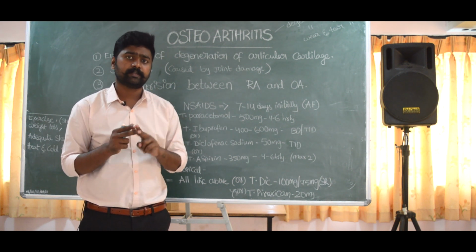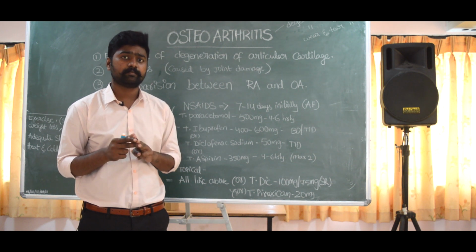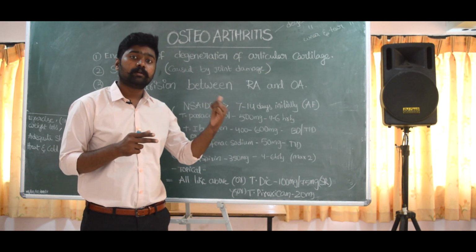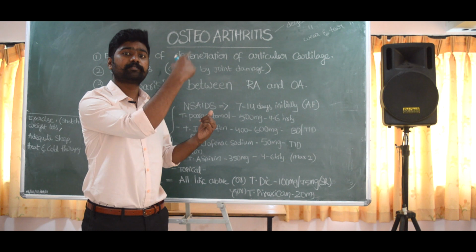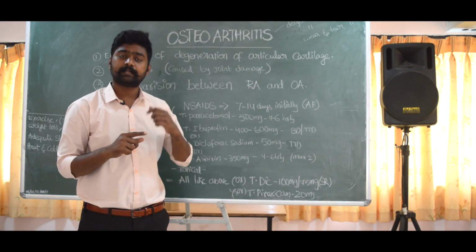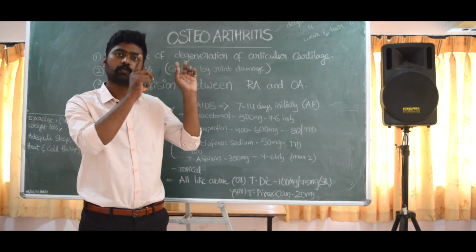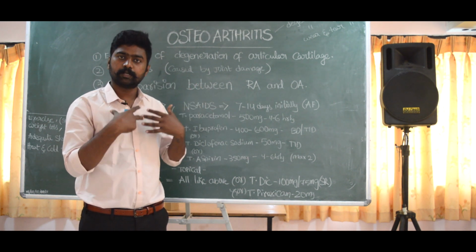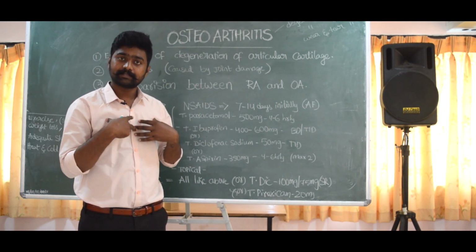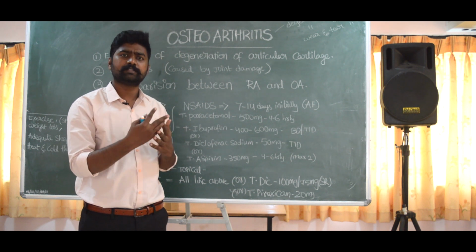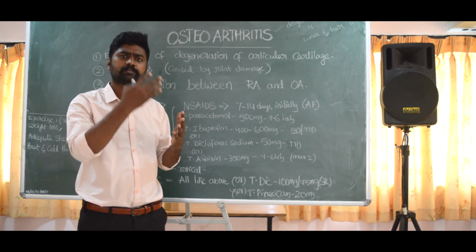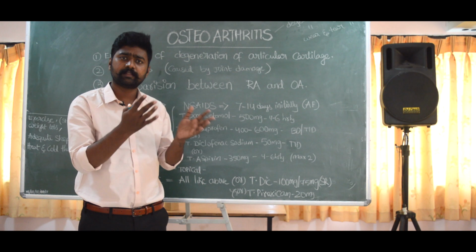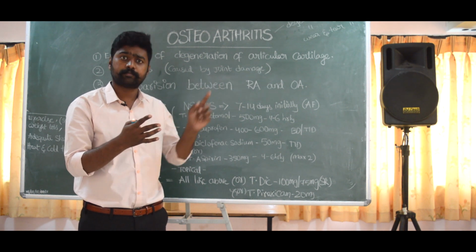That is the second difference. And the third difference you have to remember is that rheumatoid arthritis can cause extra-articular symptoms, like it can affect the brain. If interleukin 1 goes to the brain, it causes fever. If fibroblasts accumulate in the lungs, it causes pleural effusion and decreased gaseous exchange, everything can happen in case of rheumatoid arthritis.